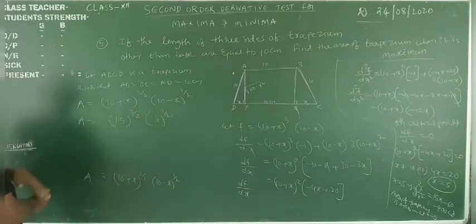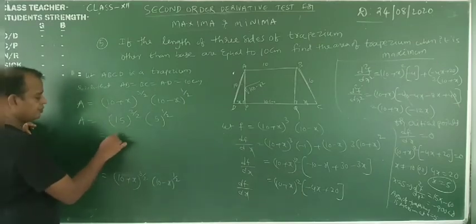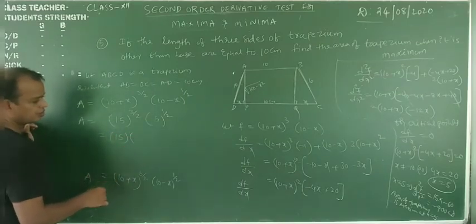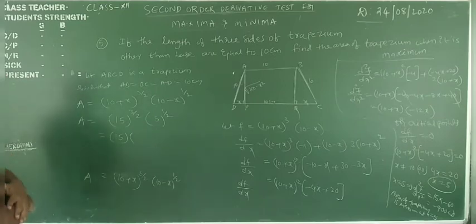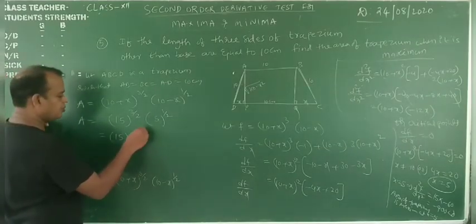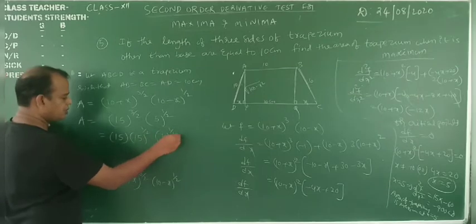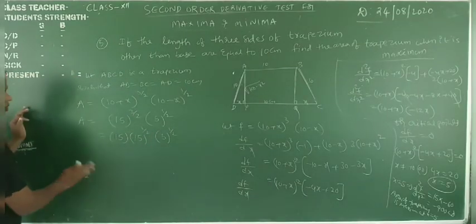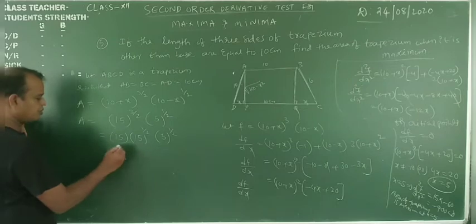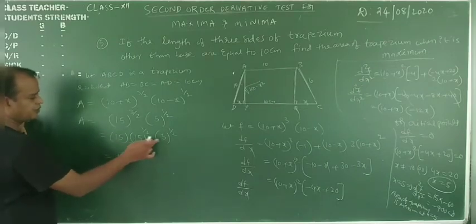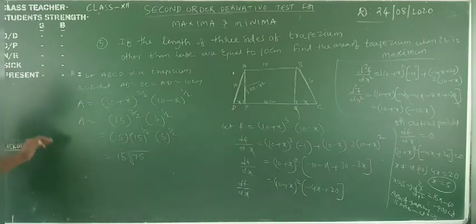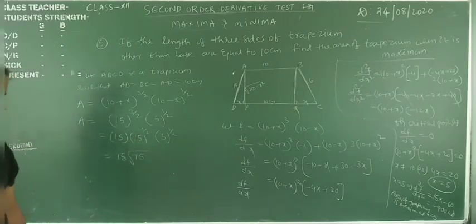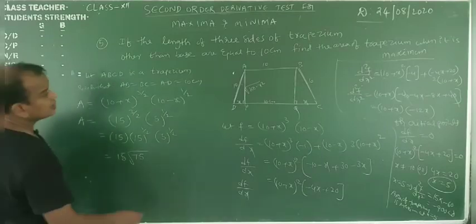Okay, my dear students, how to write this one? 15 into 15 power 1 by 2, 5 power 1 by 2. What happened to this one? 15 into 5 into 15, 5 15s are 75. Root 75. 15 into root 75. Right. This is centimeter square.